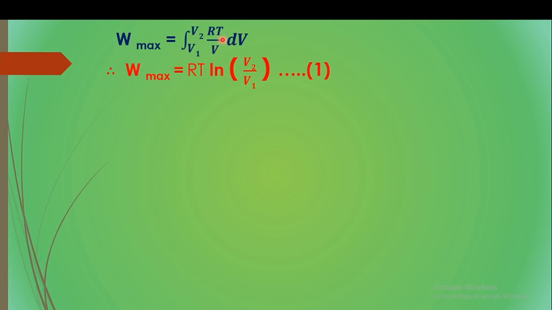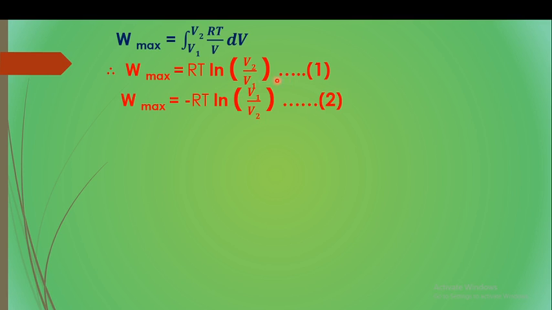So what is the integration of 1 upon V into dV? It is ln V. By putting upper limit minus lower limit, we can write ln V2 minus ln V1. Therefore, in simpler form, W max is equal to RT ln V2 upon V1.